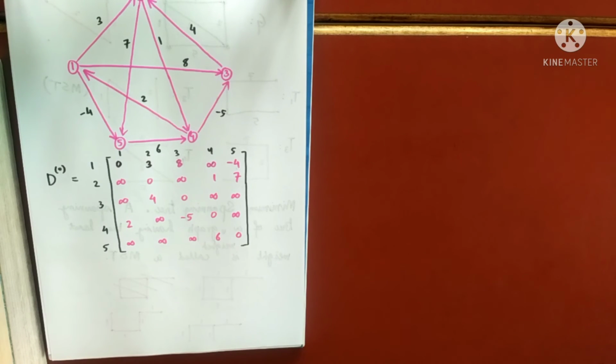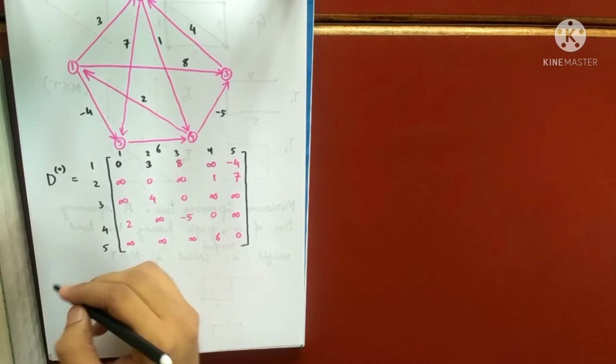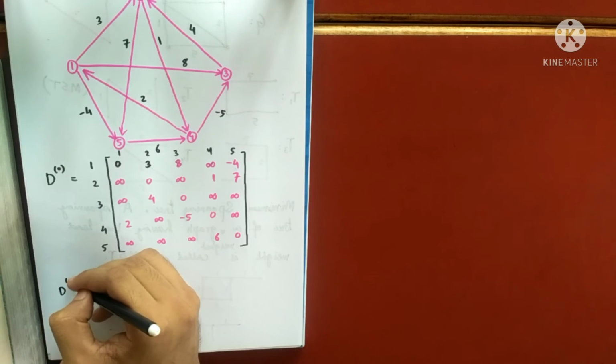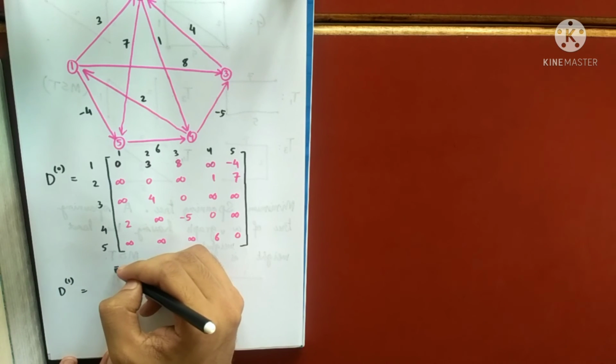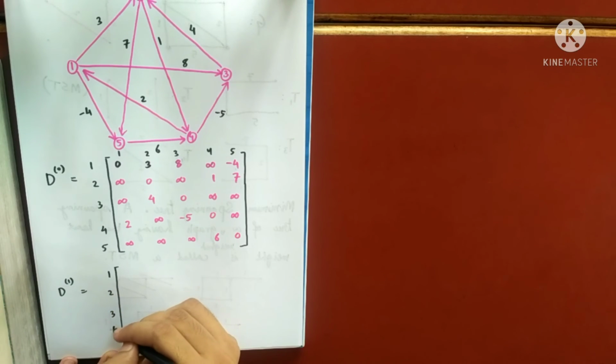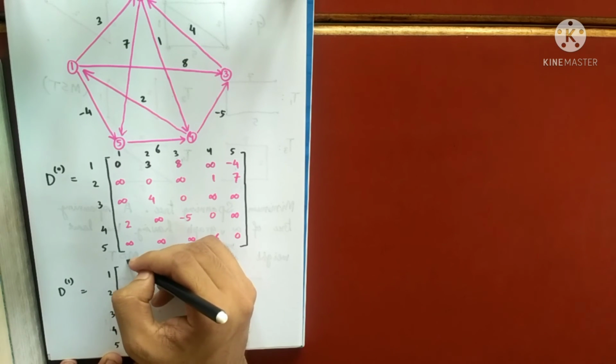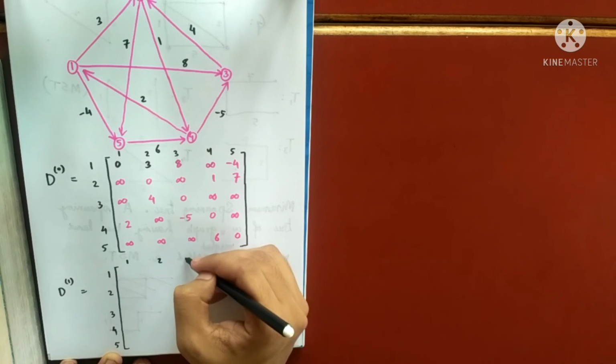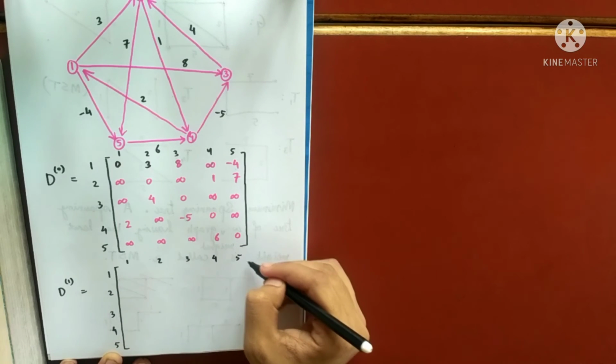I'll just construct D1 and I'll leave the rest as your homework. That means you will compute D2, D3, D4, D5. D5 will be the answer. You can send it to me, I can check. So let me very quickly compute D1 so that you get the idea. 1, 2, 3, 4, 5, and then 1, 2, 3, 4, 5.